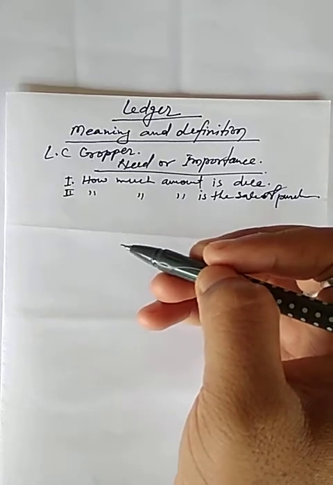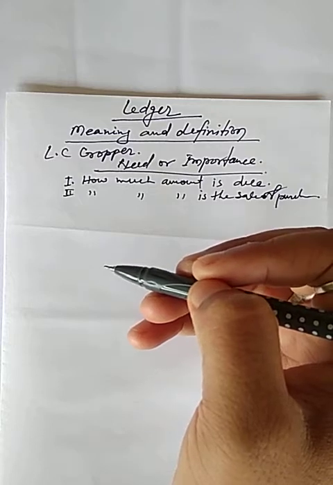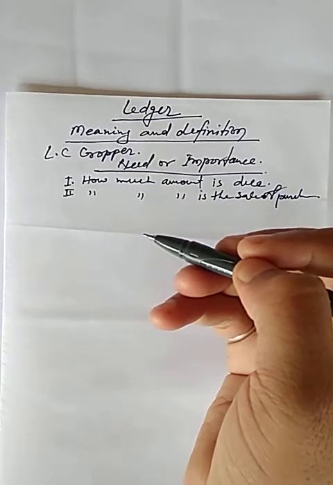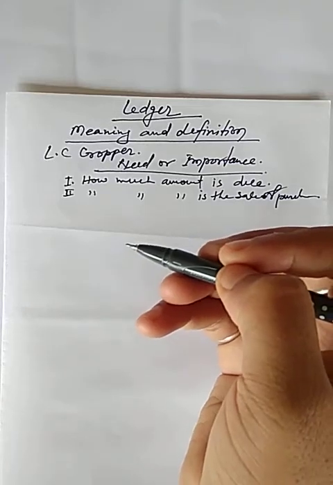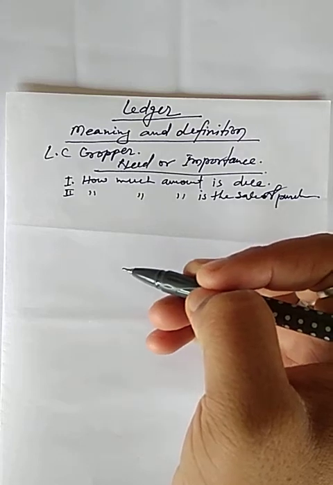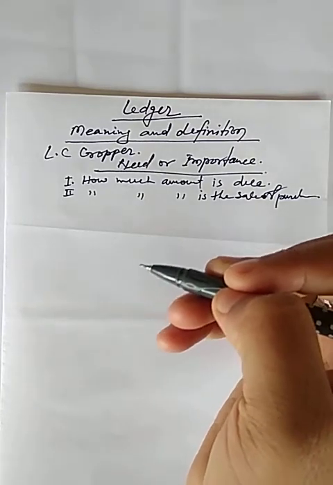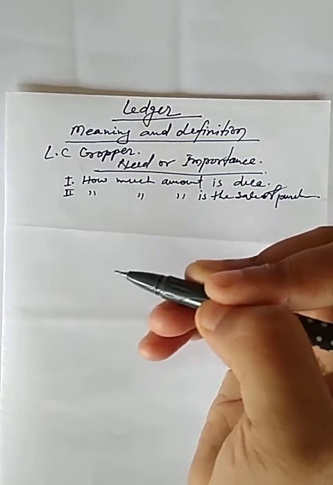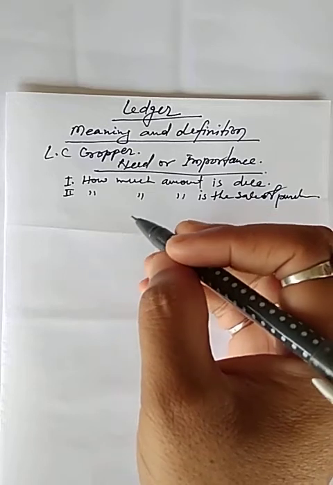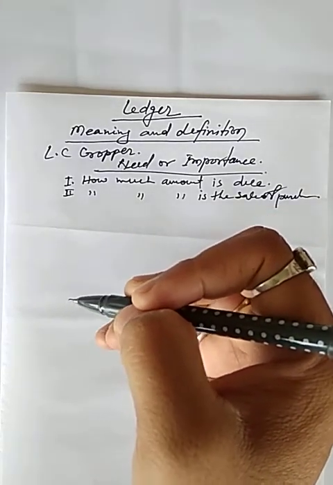From sales return book, the amount of goods returned by them will have to be ascertained. From cash book, the amount received from them on different dates will have to be ascertained. And even then, some information may be omitted to be collected from various books.